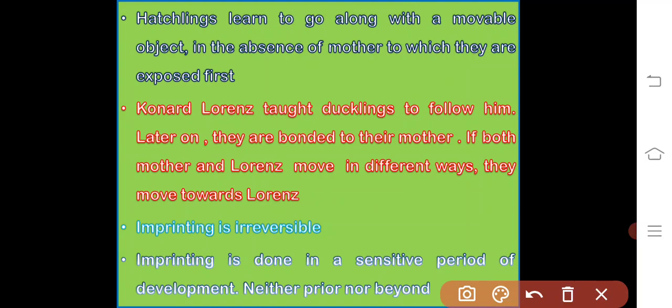And one more thing we should remember, imprinting is irreversible. It is never reversed. And imprinting is done in a sensitive period of the development of the organism, and neither before nor beyond the sensitive period may imprinting take place.